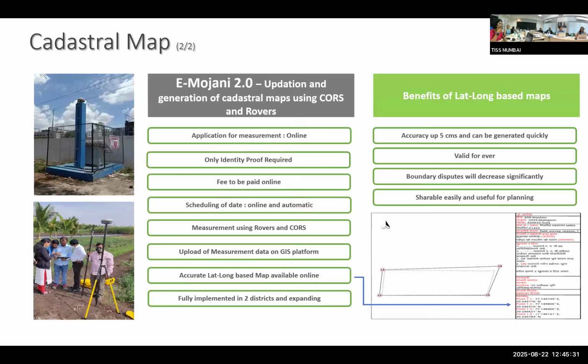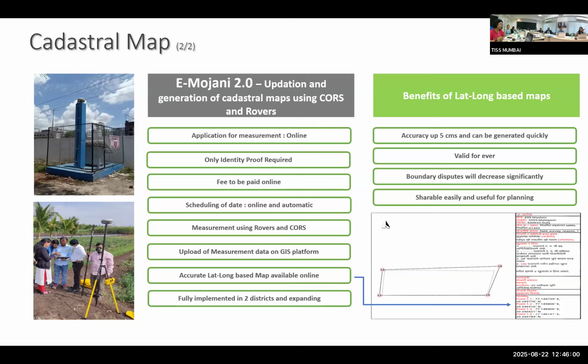This is e-Mojni version 2, which is sir's innovation and a gift to society, I will say. This is one of the best things which has happened to the state of Maharashtra, where you have 100% transparency in understanding each and every single step being done at the Department of Land Records, which is basically doing the land measurement.